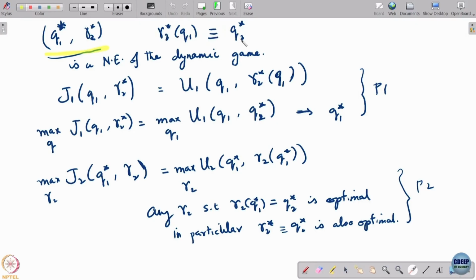Player 2 is basically saying, doesn't matter what quantity you produce, I am going to produce Q2 star, the quantity he would have played in the simultaneous move game. So although he has the information of Q1, he is playing as if he has no information. He is ignoring the information that he had. He has the information of Q1, but he is playing a constant strategy which makes no use of it, pegging his quantity at the level that he would have played had he had no information.